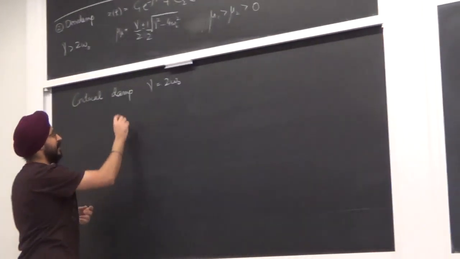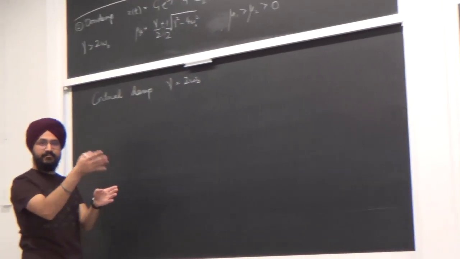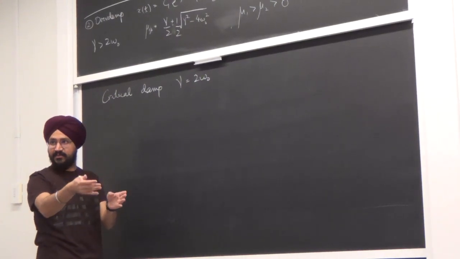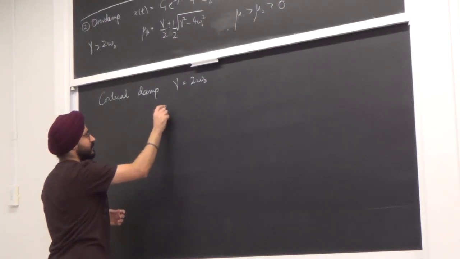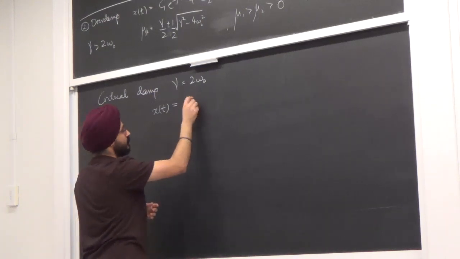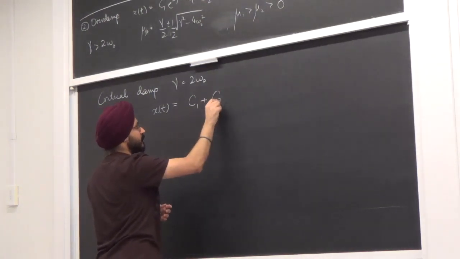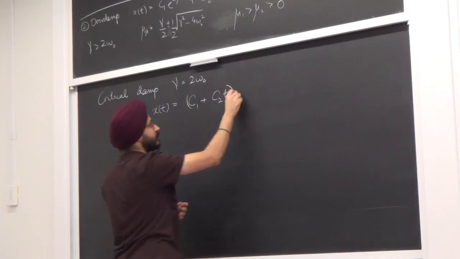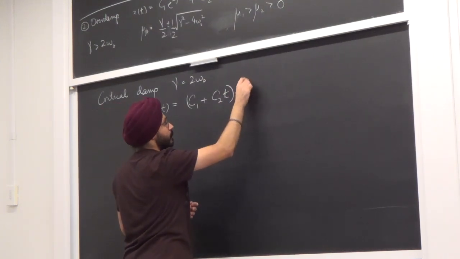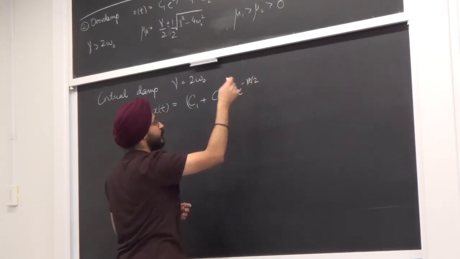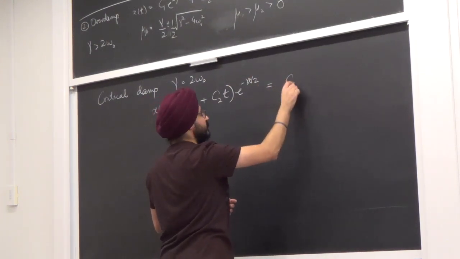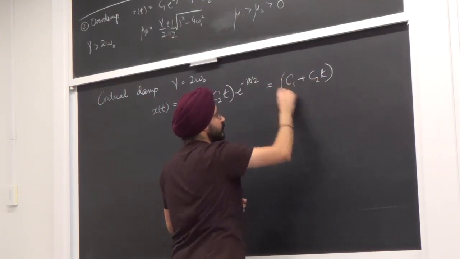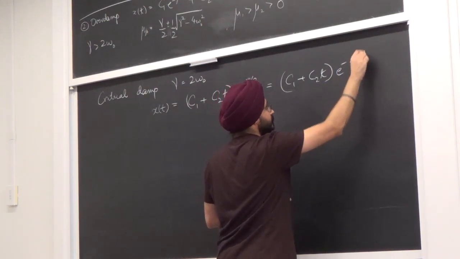And the two solutions that we found were either e to the alpha t or t times e to the alpha t. So x as a function of time in the critical case was some constant plus some other constant times t, times e to the minus gamma t over 2, and gamma over 2 is omega naught, so this is c1 plus c2 t, e to the minus omega naught t.